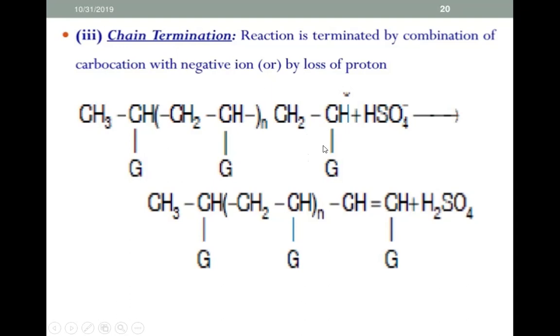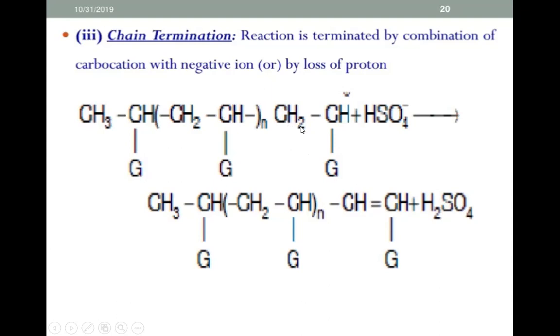Beta hydrogen. This is the functional group which is attached to this carbon, and this carbon is called alpha carbon. Adjacent to this carbon is called the beta carbon, and the hydrogen attached to this carbon is called beta hydrogen atoms.